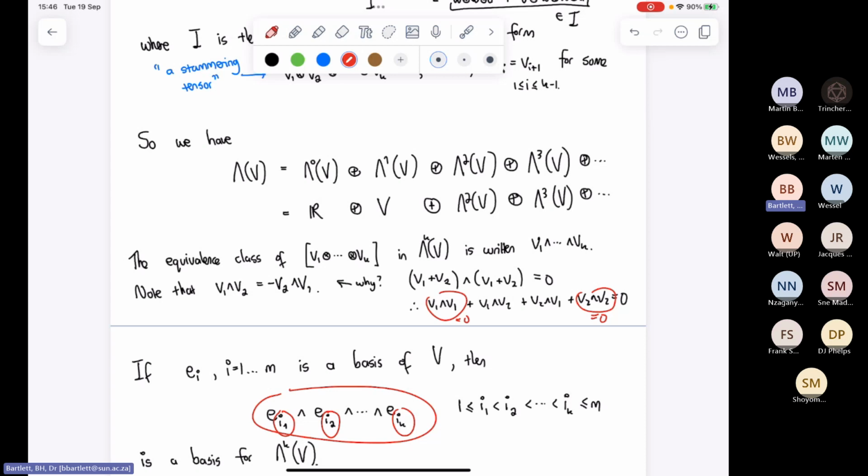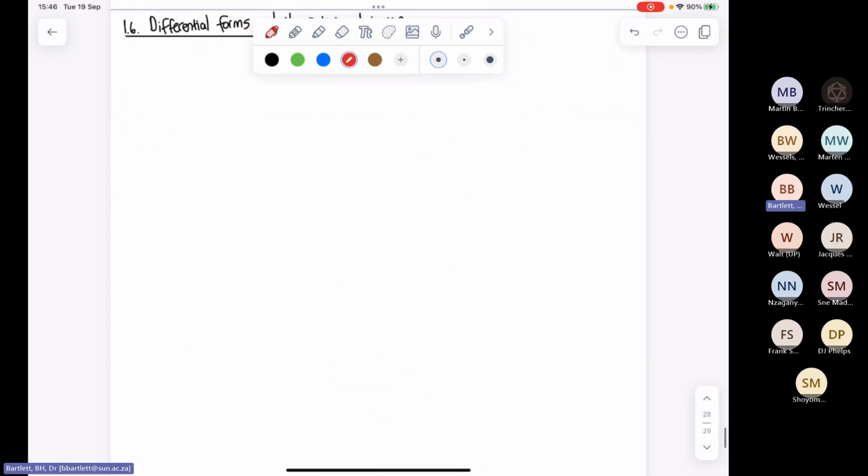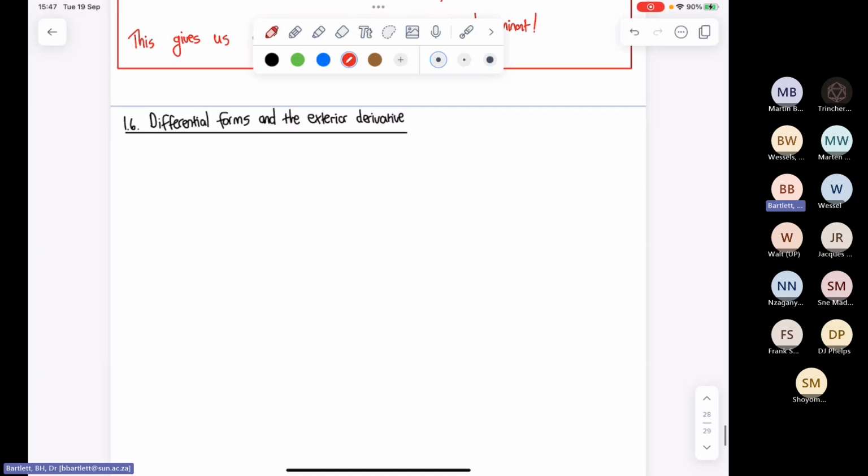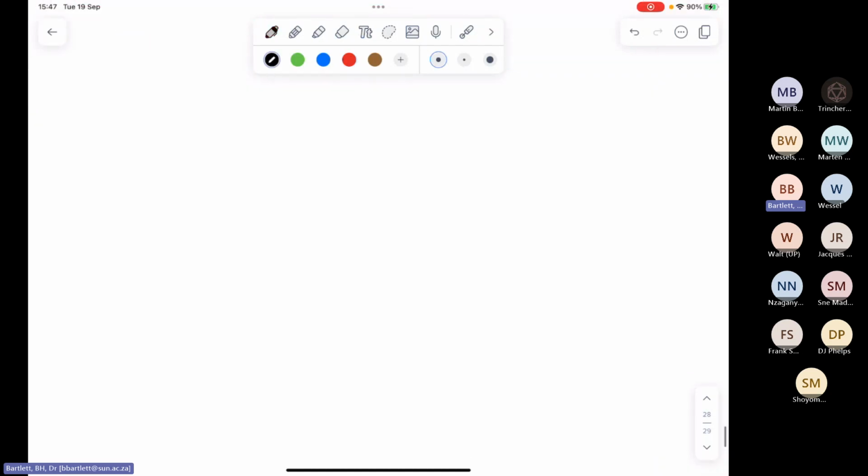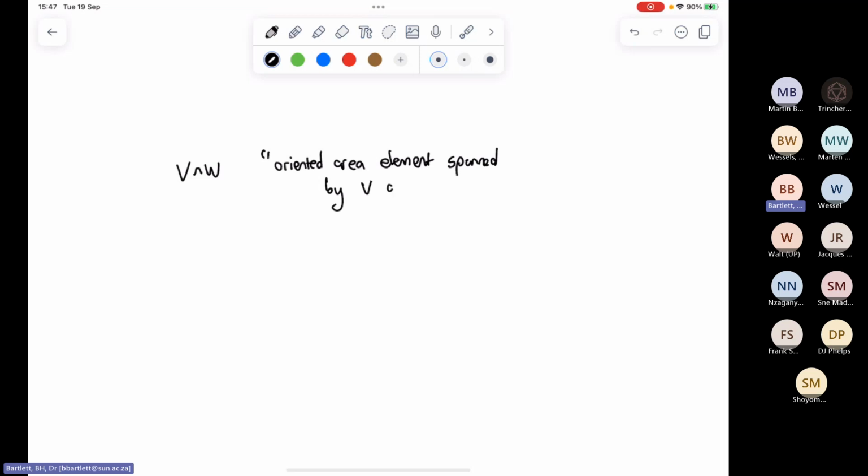Okay, so Audrey has asked, is there some intuition for this wedge? Very good question. Yes, because I want to think of a V wedge W as an oriented area element. Exactly.